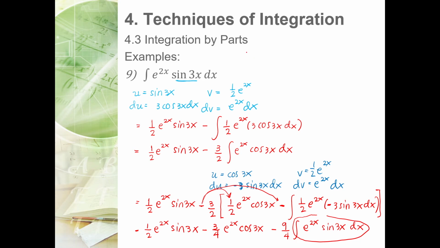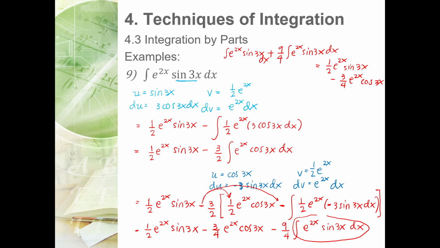So if we transpose that to the left side, it will become the integral of e to the power of 2x sine 3x dx plus 9 over 4 times the integral of e to the power of 2x sine 3x dx, is equal to 1 half e raised to 2x sine 3x minus 3/4 e raised to 2x cosine 3x.